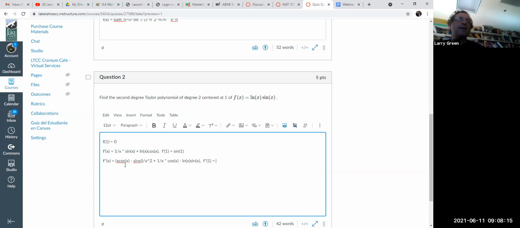So we have 1 cosine 1 minus sine of 1 over 1, which is just cosine of 1 minus sine of 1. And then we have plus 1 times cosine of 1, and then minus 0. So that was right, 2 cosine of 1 minus sine of 1.